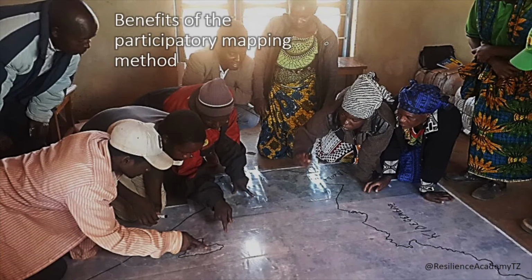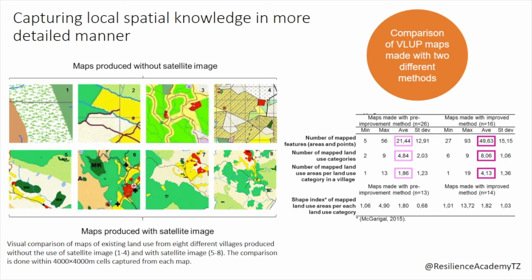Next, I will shortly summarize the benefits of the participatory mapping method that can be identified through the pilot study, comparison of the village land use maps, and interviews with the Tanzanian planners and mapping participants. When comparing village land use maps that have been done without satellite image and maps that have been done with satellite image, it can be shown that with satellite image one can achieve spatial information that is more detailed, precise, and standardized.